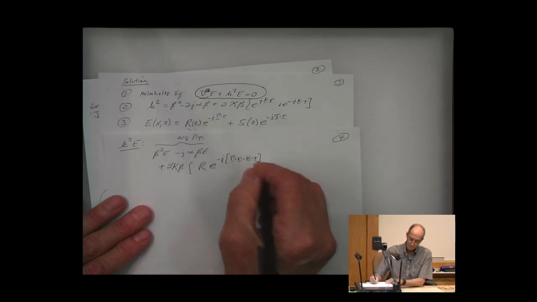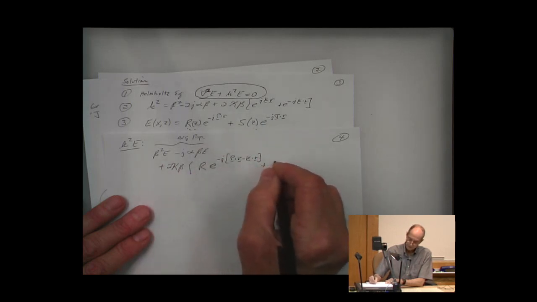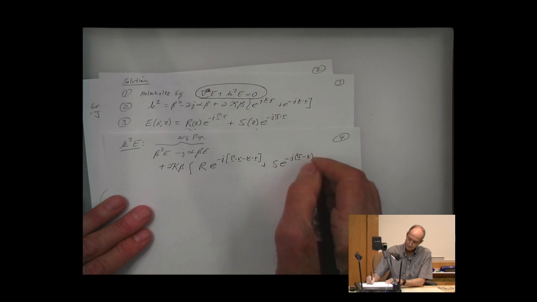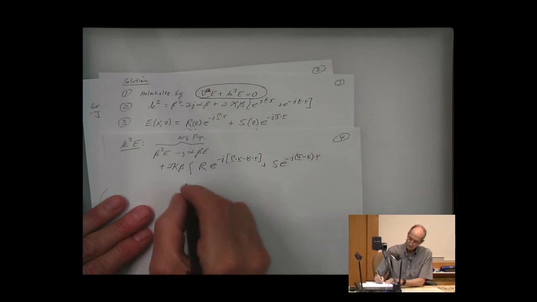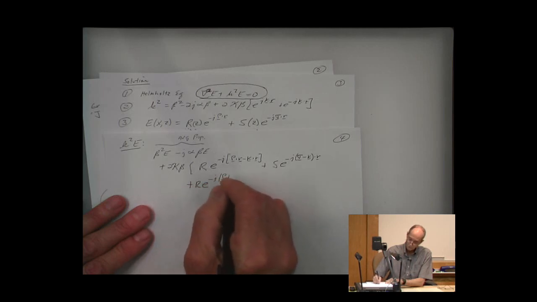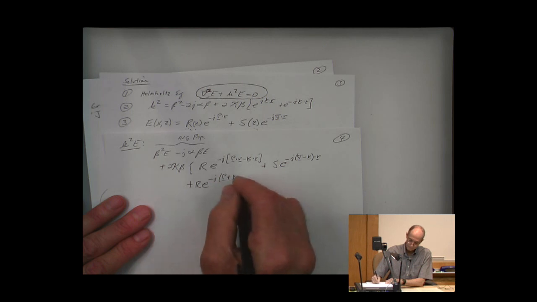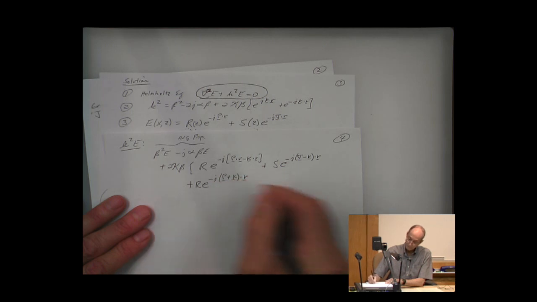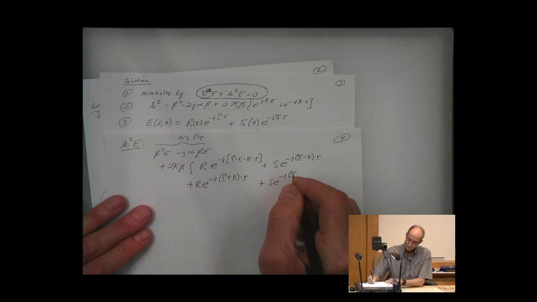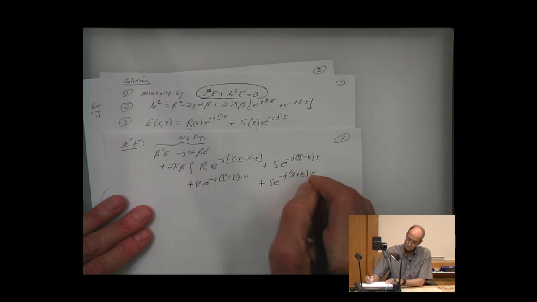And then we have plus s e to the minus j sigma dot k, that dotted with r. And then we have plus r e to the minus j rho plus k dot r, and plus s e to the minus j sigma plus k dot r.